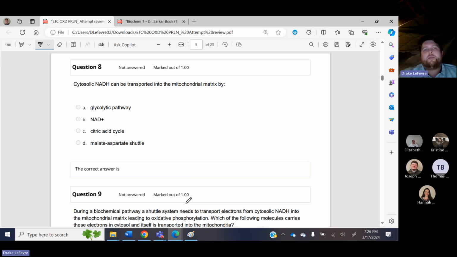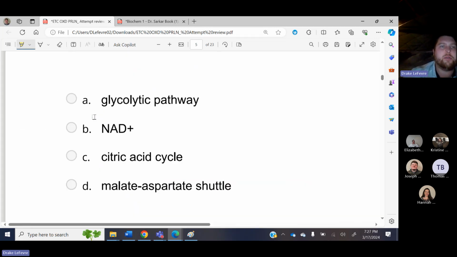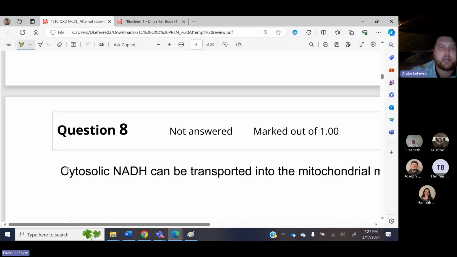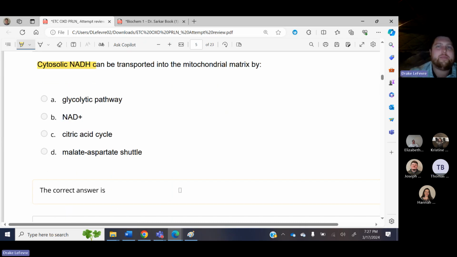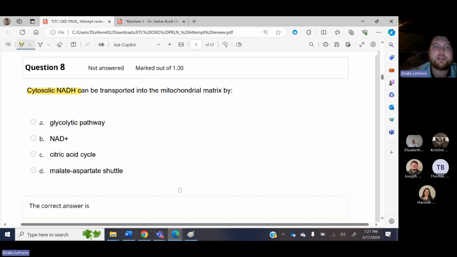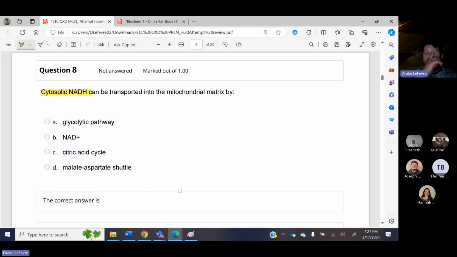Cytosolic NADH can be transported into the mitochondrial matrix by which of the following? When we talk about cytosolic NADH, does anybody know what that's in reference to? Why do we have NADH in the cytosol? It's produced during glycolysis. Remember, back in glycolysis, we used 2 ATP and created 4 ATP for a net total of 2 ATP.